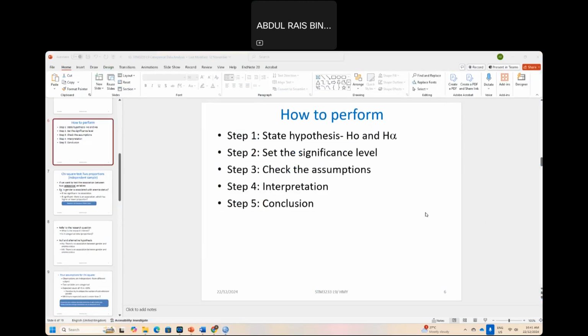Okay, how to perform the chi-square? Macam biasa saja, state the null and alternate hypothesis. Okay, the keywords for chi-square is bukan there is a significant difference or there is no significant difference. Contoh ayat macam ni.